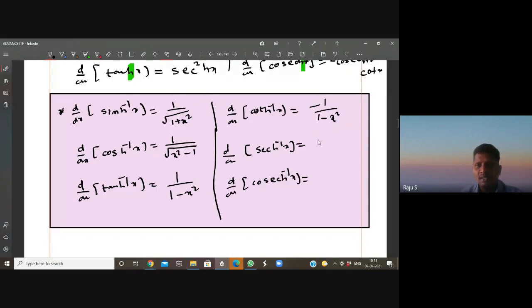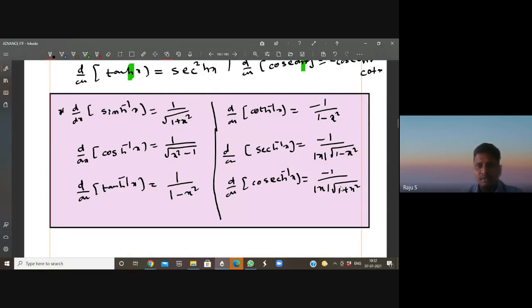Secant h inverse is minus 1 by modulus x. Secant inverse has x square minus 1, here it is 1 minus x square. So the answer for cosecant h inverse of x is minus 1 by the same modulus x root over 1 plus x square. Whenever secant has 1 minus x square, this has 1 plus x square.